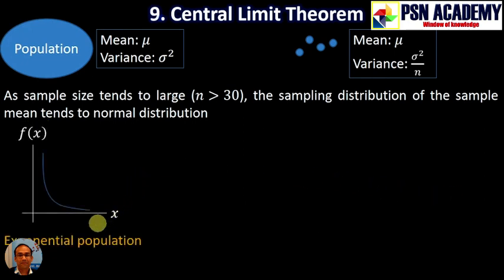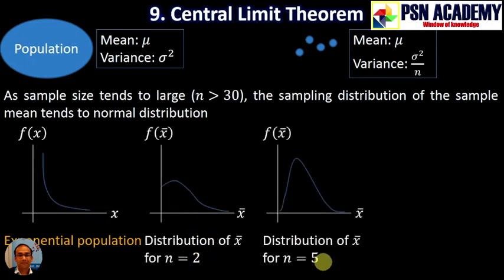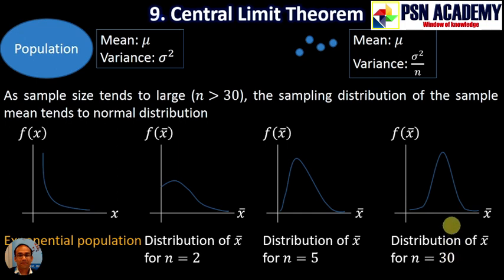And the last one, exponential population, initially it was like this, then n equal to 2, n equal to 5, and n equal to 30. So every time you see that, whenever the sample size goes larger, the sample mean's distribution tends to be a normal distribution. This is the statement of the central limit theorem.